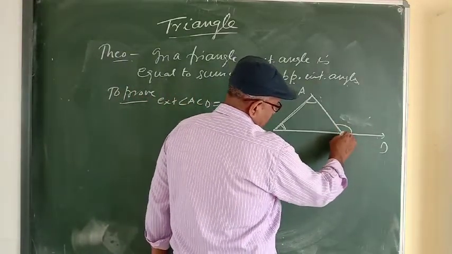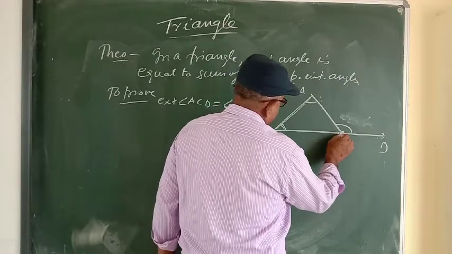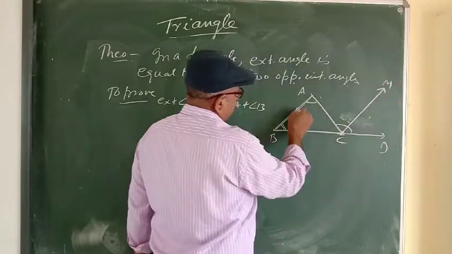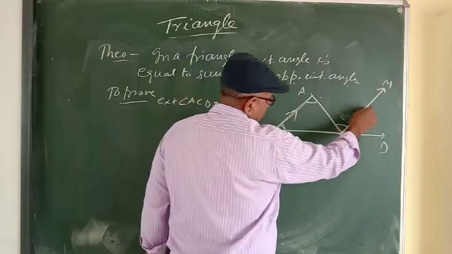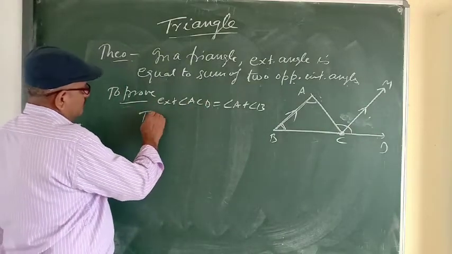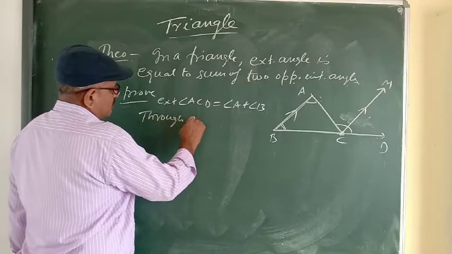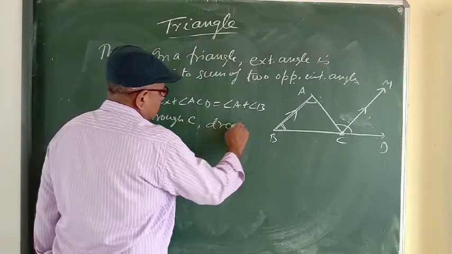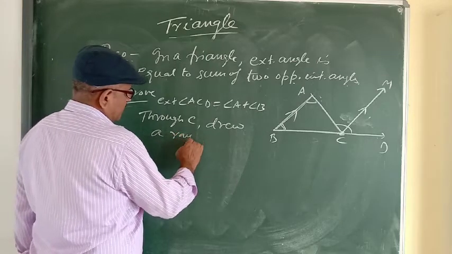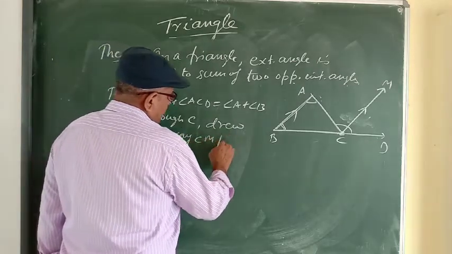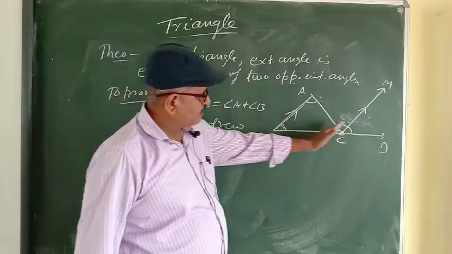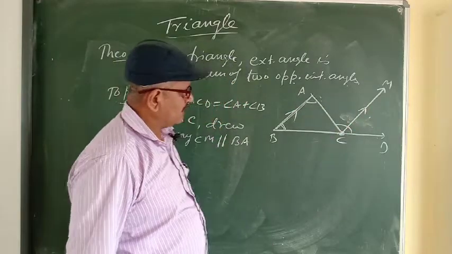So through the point C, we will draw a line CM parallel to BA. So it is the construction: through C, draw a ray CM parallel to BA.